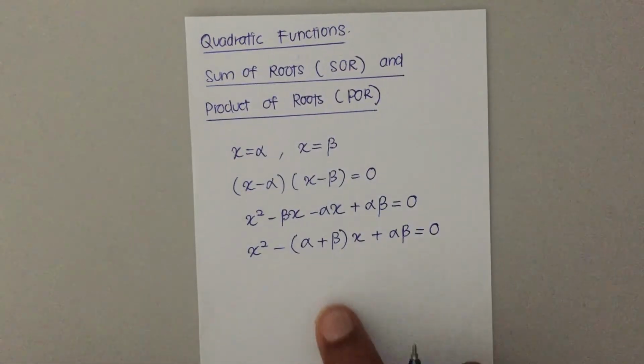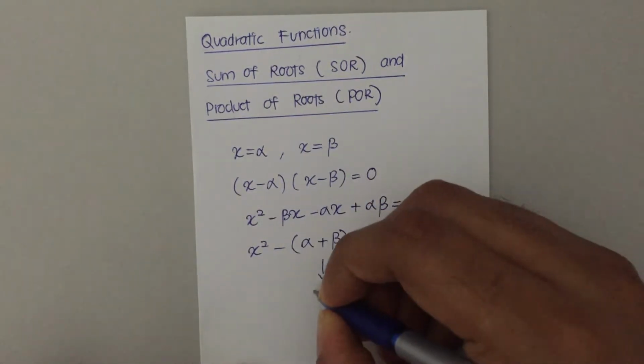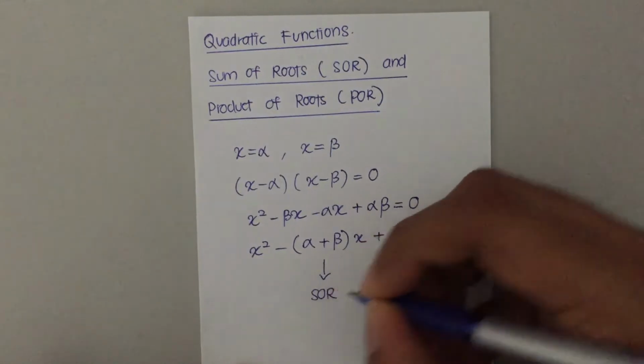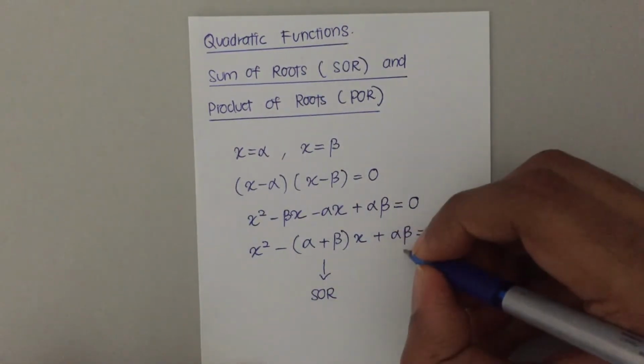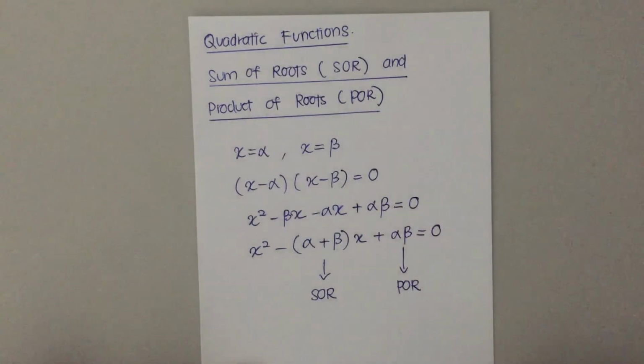So this is technically representing the sum of roots, or in short form SOR. And alpha beta is representing the POR, also known as the product of roots.